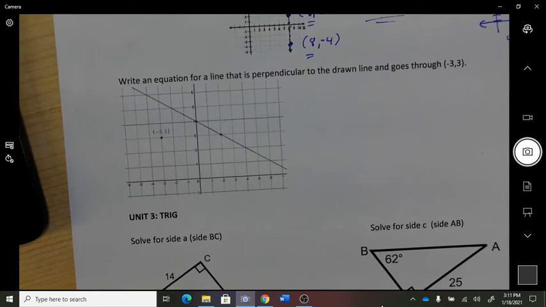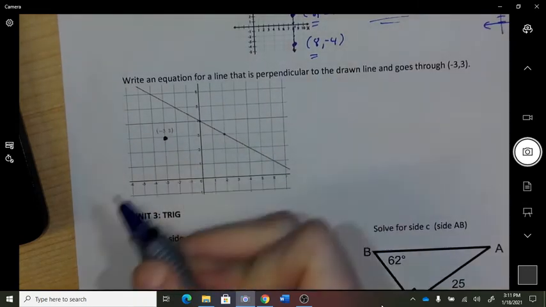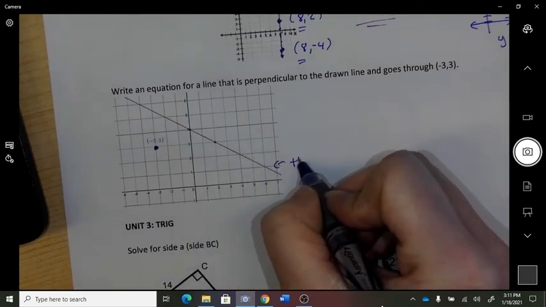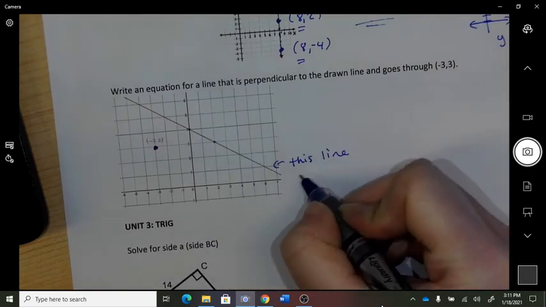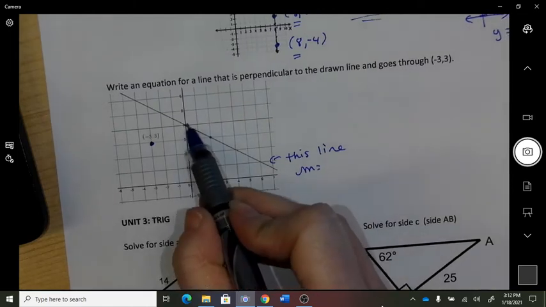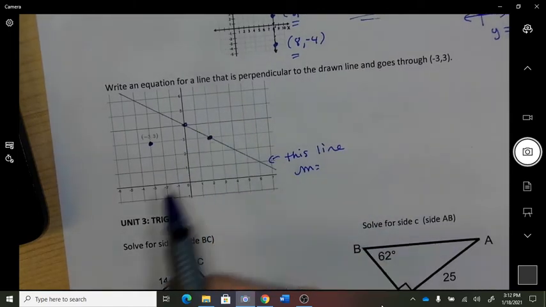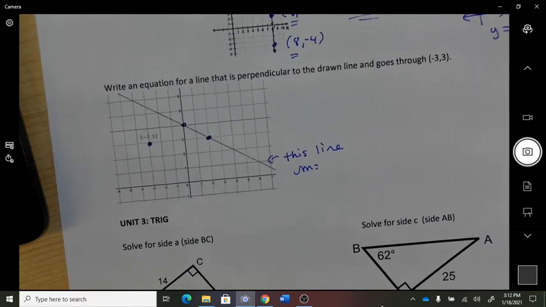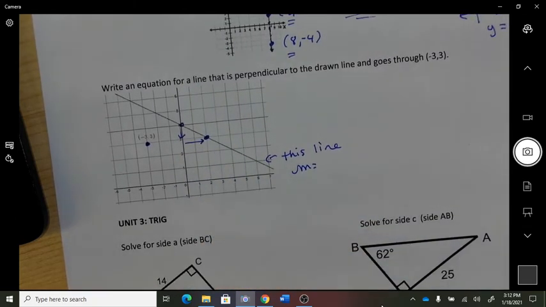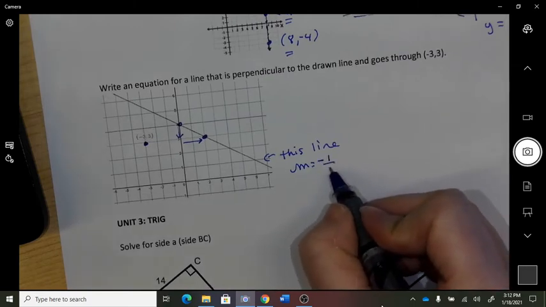Okay, write an equation for a line that's perpendicular to the line drawn, and then yours goes through this point, -3, 3. Okay, so this line, what's the slope of this line? So I'm going to go from that point to that point, and can you tell me what the slope would be? Down and right. So -1 over 2.